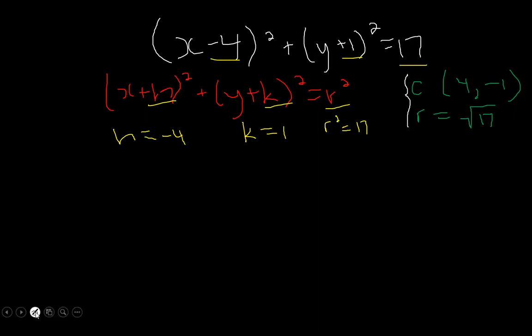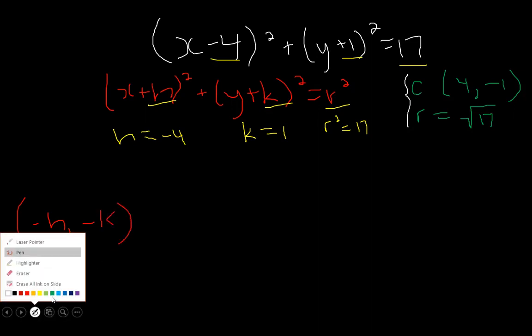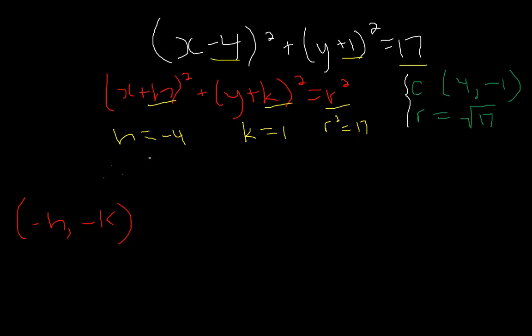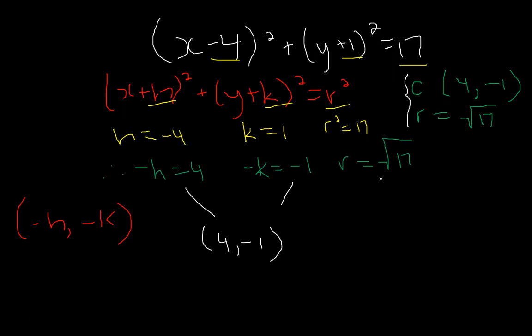But we know that the center is not h, k, it's in the form minus h, minus k. Therefore, if h is -4, then minus h is equal to 4. If k is 1, then minus k is equal to -1. And if r squared is 17, that means that r has to be the square root of 17. Remember to leave it in the exact form unless told otherwise. That's why my answer is 4, -1. Radius is the square root of 17.